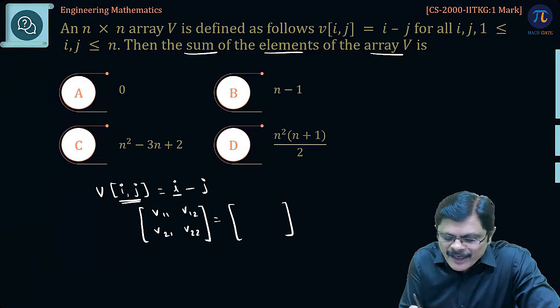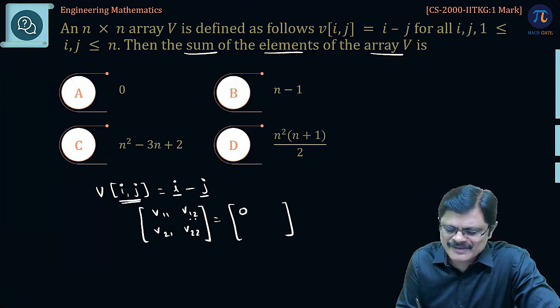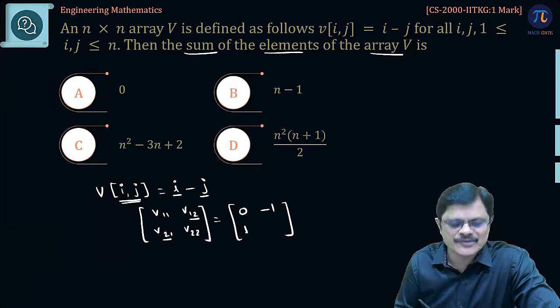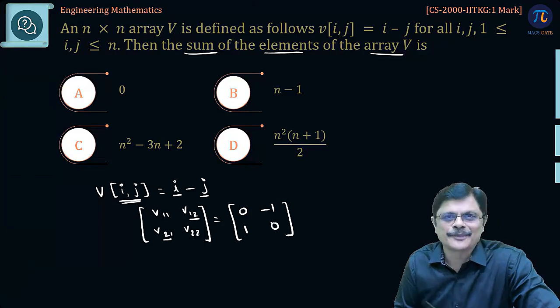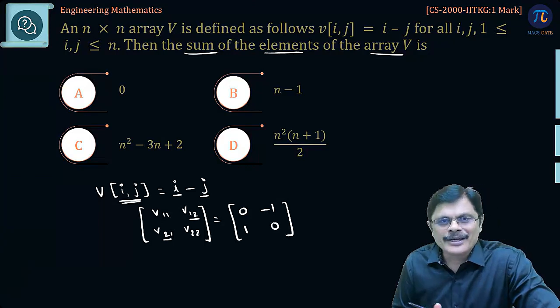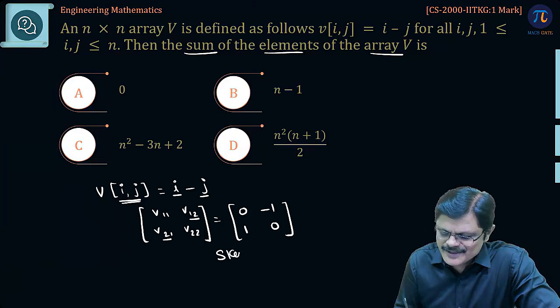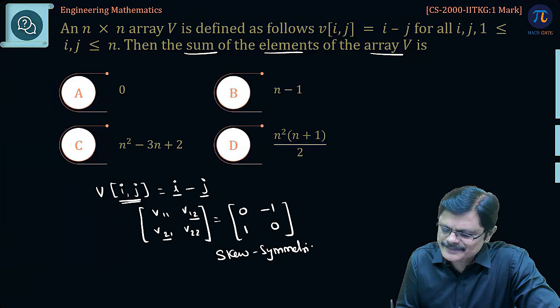V11 will be 1 minus 1, that is 0. V12 is 1 minus 2, that is minus 1. V21 is 2 minus 1, that is 1. V22 is 0. What type of matrix is this? It is the skew symmetric matrix.